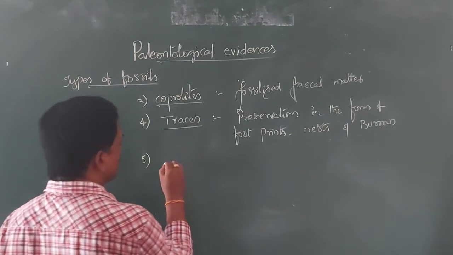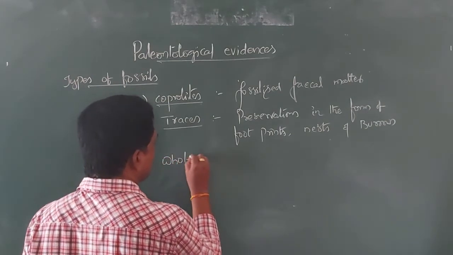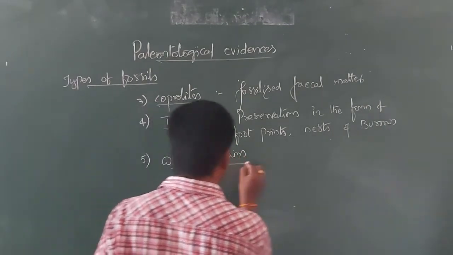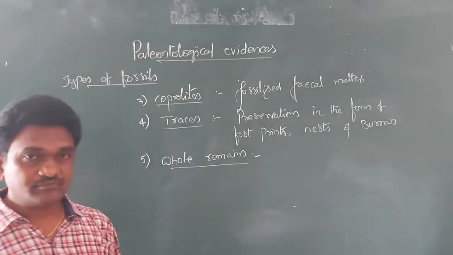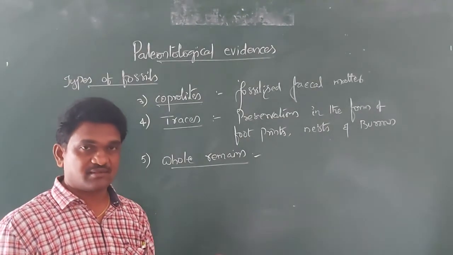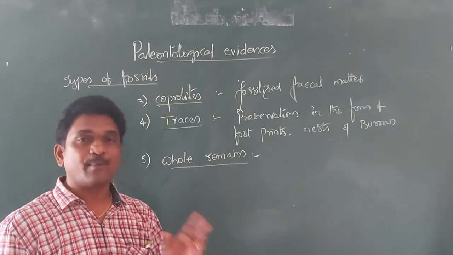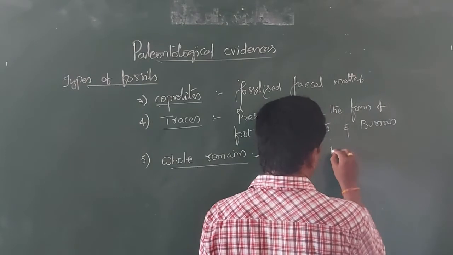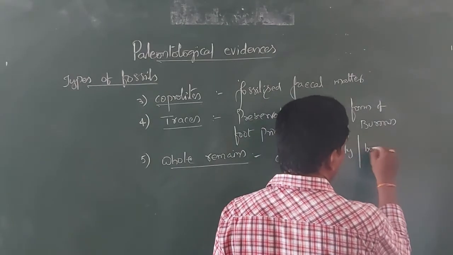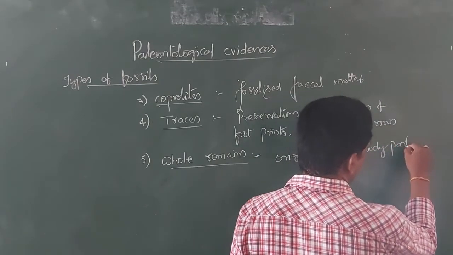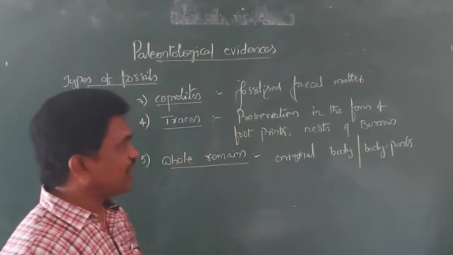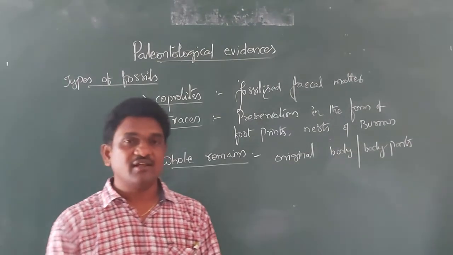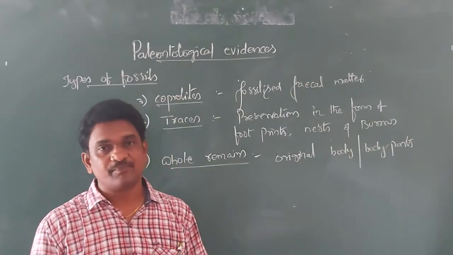Next, whole remains. These are original body parts, the original whole body or body parts. They are original fossils, in the form of teeth or bones, etc. For instance, even today, dinosaurs' bones and teeth are available.